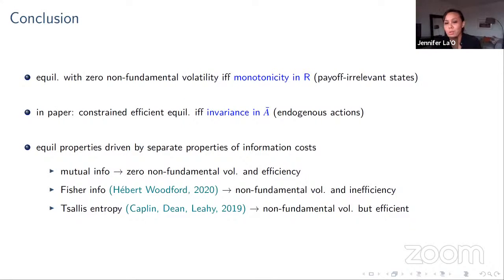Suppose you have a business cycle model where firms are choosing quantities and prices, potentially nominal prices, and they get information from a public signal and pay attention to it because they have cost functions that are non-monotone in R. As long as their cost functions are also invariant in A bar, which is a completely separate property, that equilibrium can be efficient. It would be the same as what a planner would do. And if they're using and acquiring information efficiently, then more information is always better.